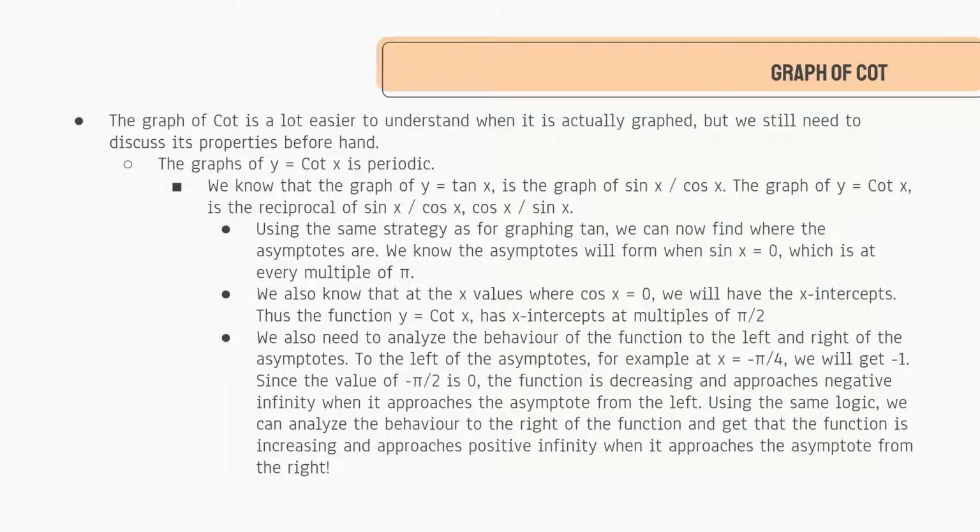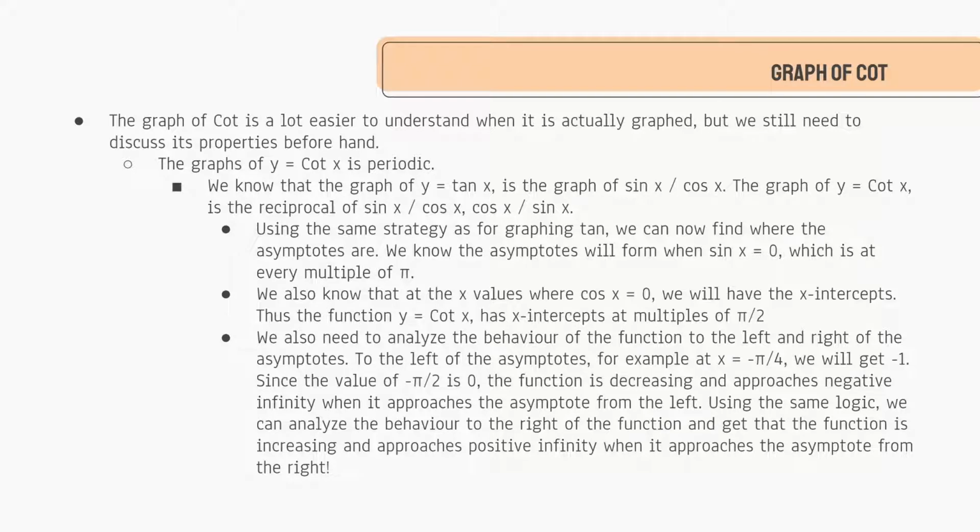So let's do that. Immediately we know that there will be asymptotes whenever the denominator is equals to 0, and the denominator is equals to 0 when sine of x is equals to 0. And since we already know how to graph sine of x, we've learned the unit circle numerous times, we know that sine of x equals to 0 for every multiple of pi.